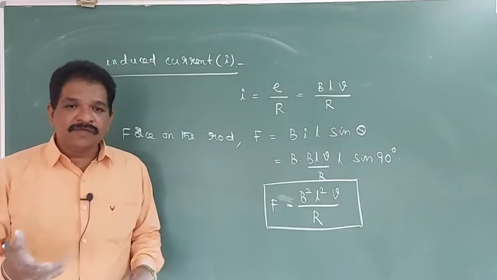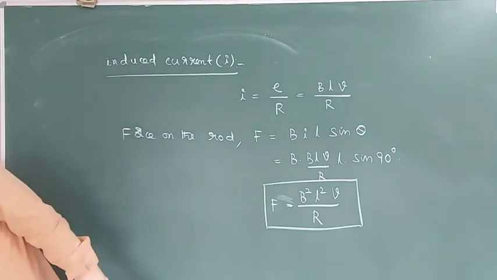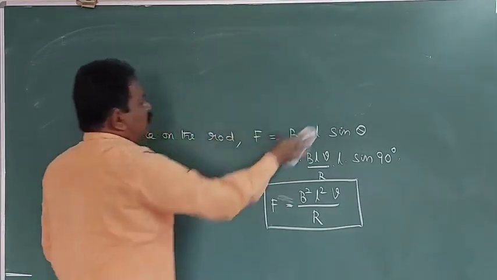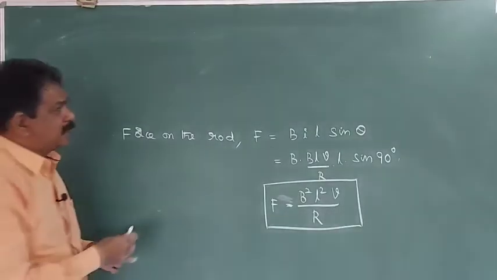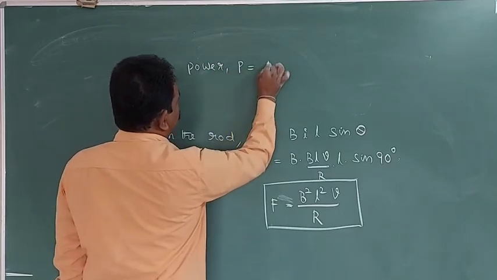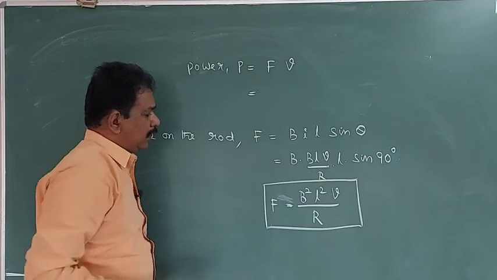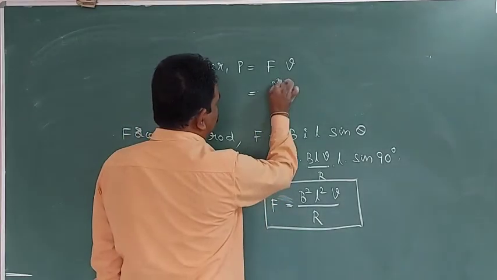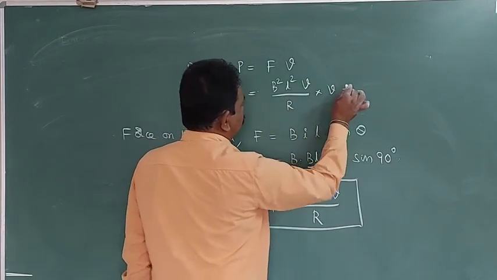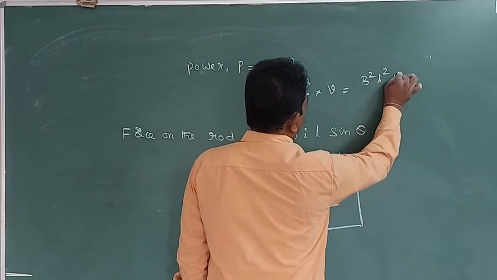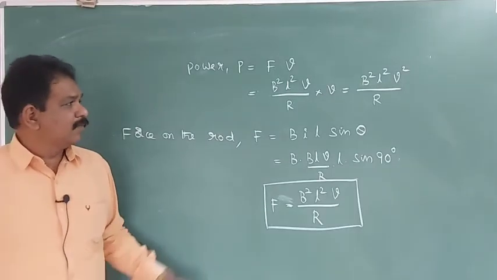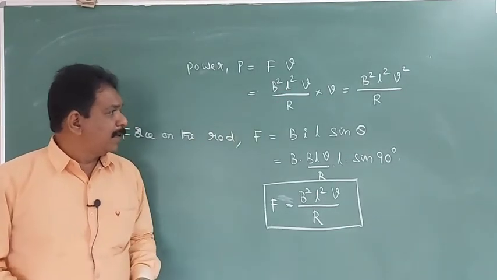Next, what is the formula for power? Power to move the rod. We know the formula for power P is equal to F into V. F value is B square L square V by R, into V. This value is equal to B square L square V square by R. This is the formula for power.